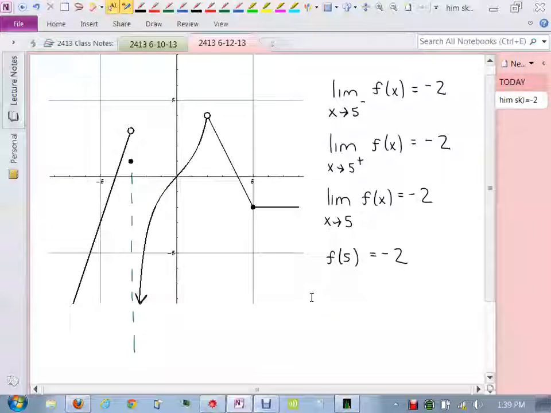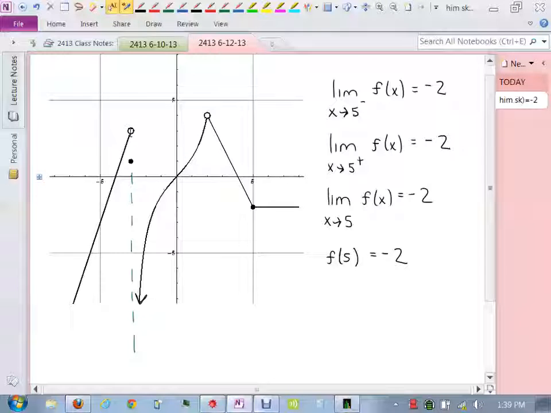At an open circle, like what's happening at x equals 2 here, that would be discontinuous there, but it would be removable because you could always fix it by just filling it in. That's called a removable discontinuity, as opposed to this one. This is not removable. You can't just fill in a dot and fix that.